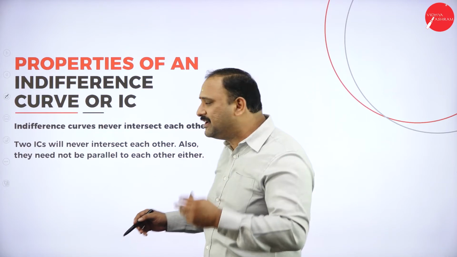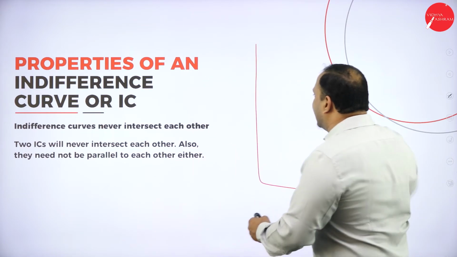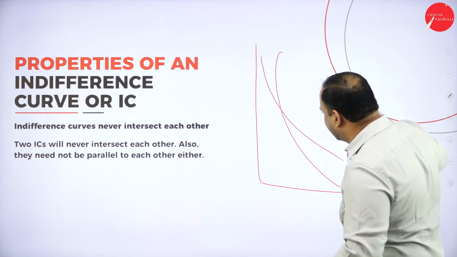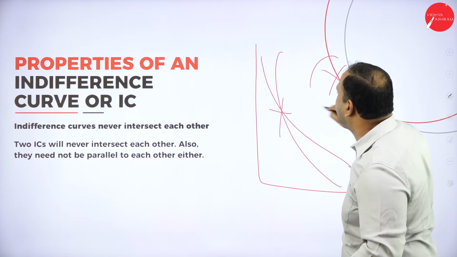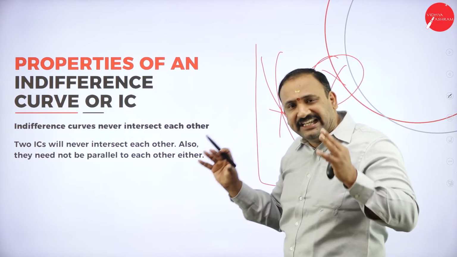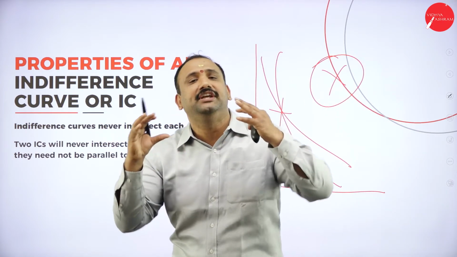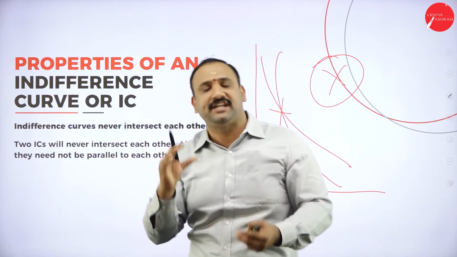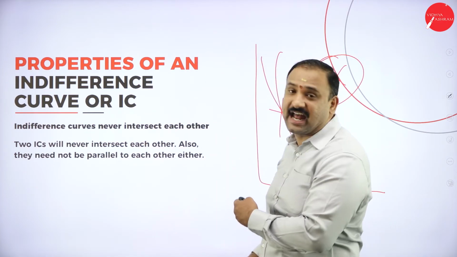Followed by, they never intersect. So you will never get indifference curves cutting each other. This is not possible at all. You can never get an intersection because the needs and the factors are unique in nature, and they always tend to be unique in taste and preference.